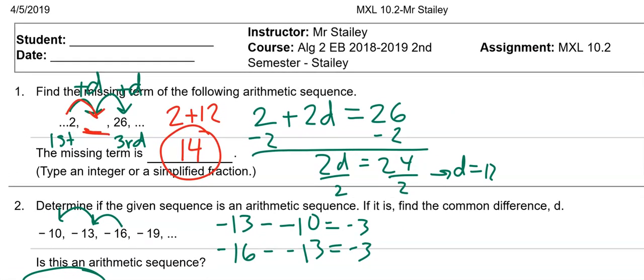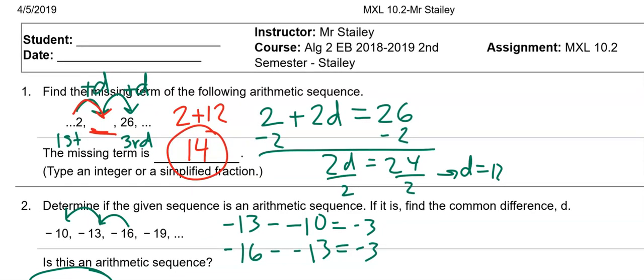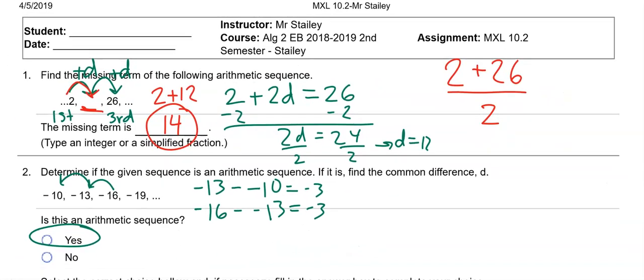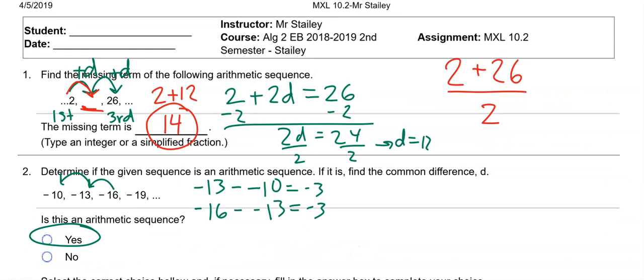I almost hesitate to show you this next thing, but I am going to show it to you anyway, because I like you being able to think through the process of finding the common difference. But what do you get if you add 2 and 26 together and divide by 2? Now, what do we call that when you add two numbers together and divide by 2?